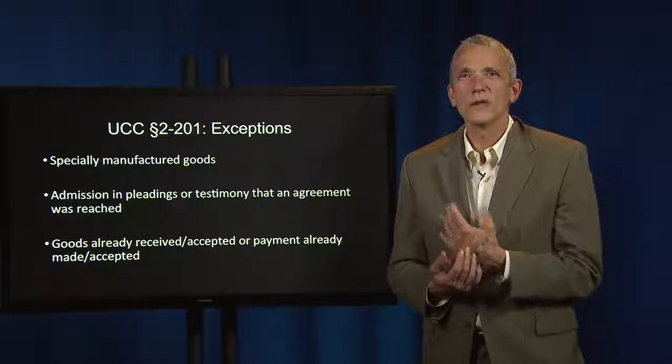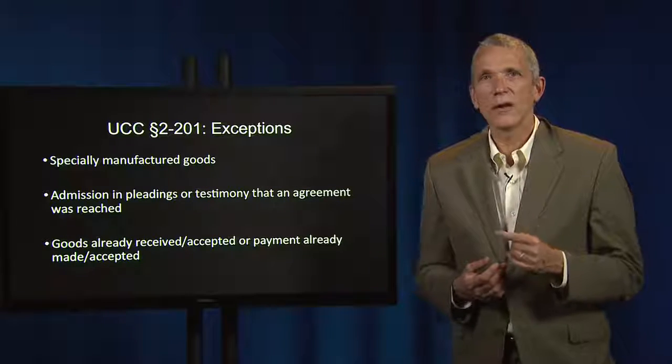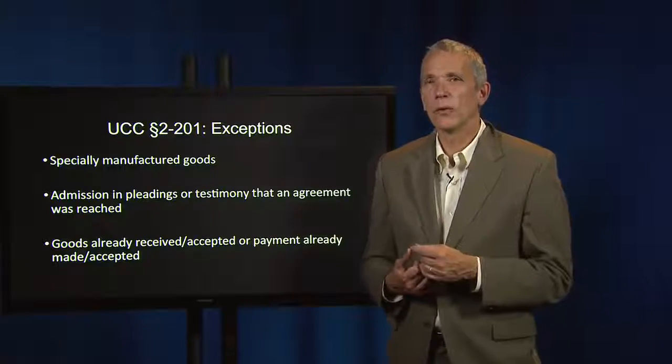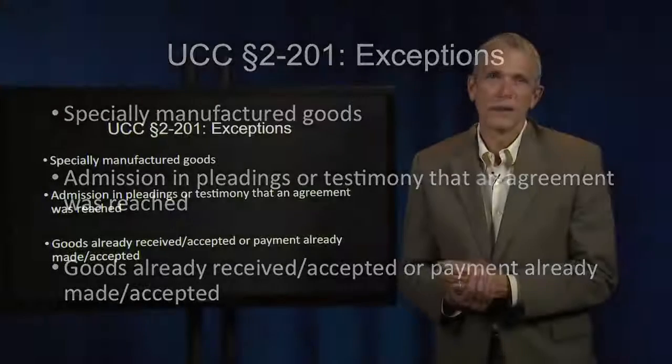A contract which does not satisfy the requirements of subsection 1, but which is valid in other respects, is enforceable: A, if the goods are to be specially manufactured for the buyer and are not suitable for sale to others in the ordinary course of business; B, if the party against whom enforcement is sought admits in his pleading, testimony, or otherwise in court that a contract for sale was made; or C, with respect to goods for which payment has been made and accepted, or which have been received and accepted.